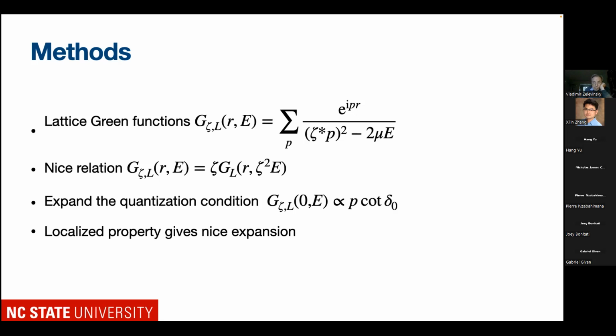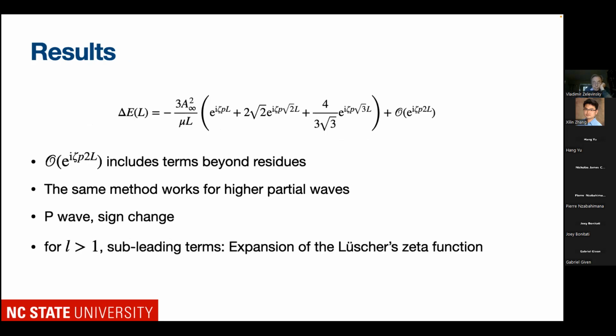Okay, so we know the Green functions. We can just use the previous knowledge, because it's around the poles, and expand the quantization condition around the poles and get the subleading terms. The results here show the subleading terms beyond the second power law, which include the terms away from the residues.